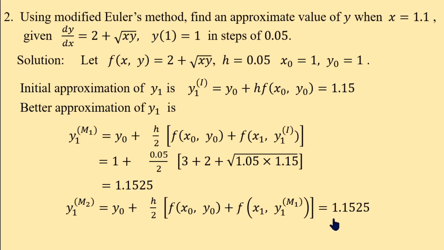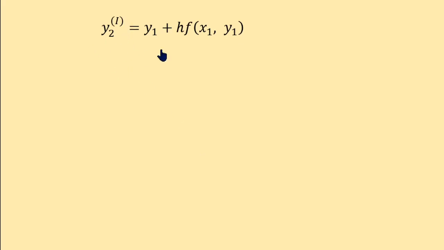Now, in your calculator, the last calculated value is 1.1525. This is the answer for the next step. Therefore, y2 initial value is y1 plus h f of x1 y1, which means answer plus 0.05 into f of x1 y1, that is 2 plus root x1 into y1, 2 plus root of 1.05 into answer.